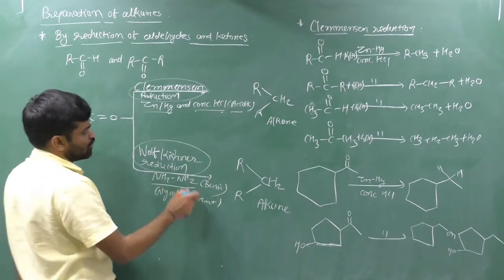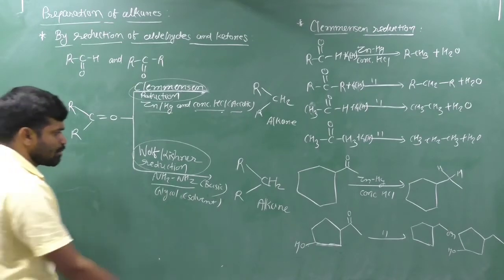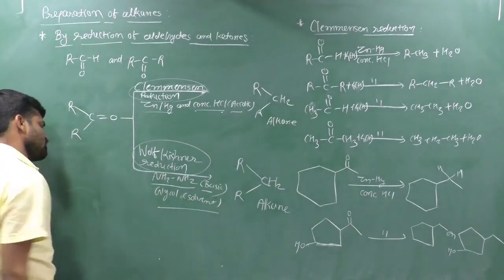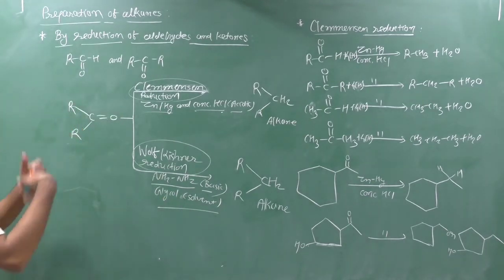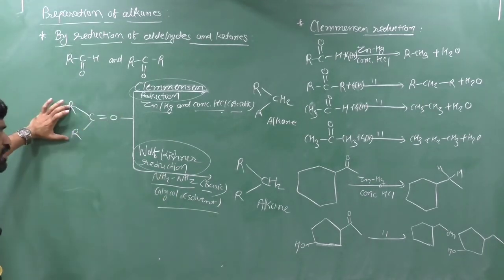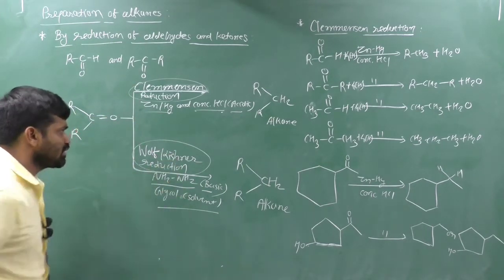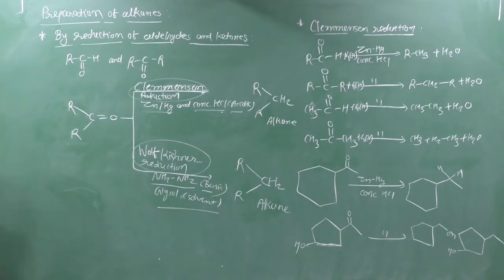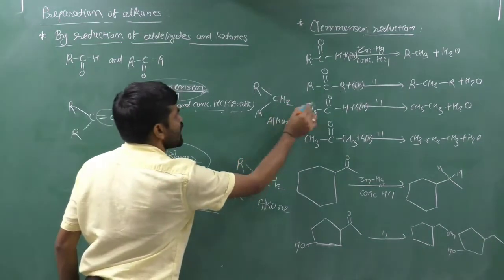What is the reagent for the Wolff-Kishner reaction? It is NH2NH2, and it is basic, and in this reaction we use a solvent which is a glycol, clear. The conversion is the same. If we have an aldehyde or ketone, we can carry out the Clemmensen or Wolff-Kishner reduction and get an alkane. Here O is removed and 2 hydrogens are added.